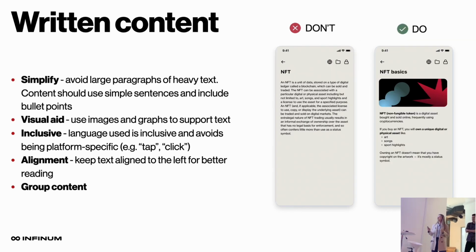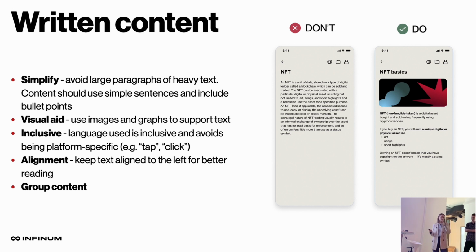Regarding written content, we should always strive for simplicity. So we should avoid large paragraphs of heavy text. If there is some complex data, we should provide some visual aid so that it's easier for users to scan through that data. Also make sure that the language used is inclusive and avoid platform-specific words such as tap or click.